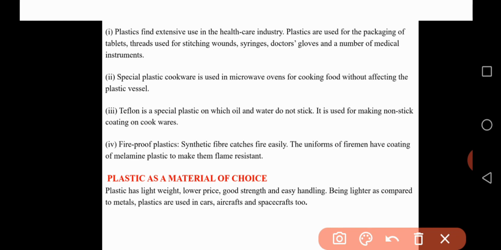Plastics are used in cars, aircraft, and also spacecraft. Because of these reasons we are using plastics everywhere.